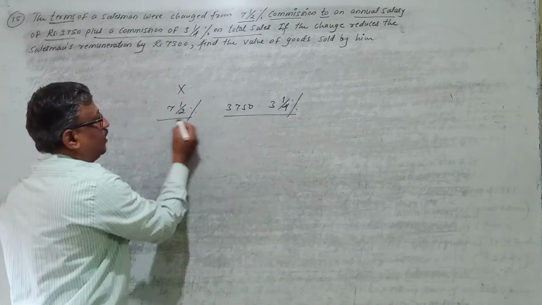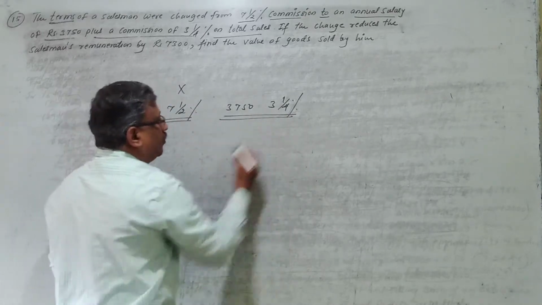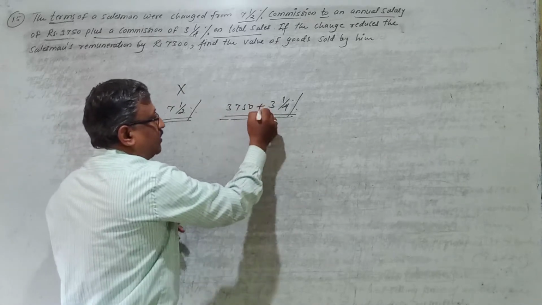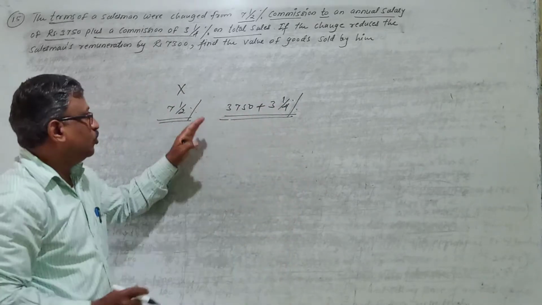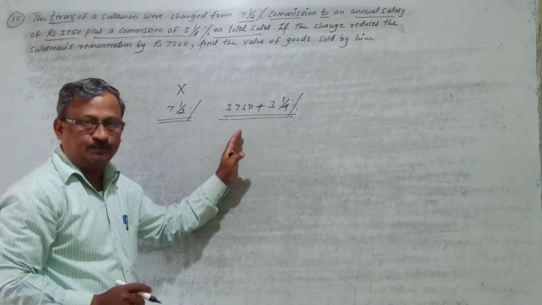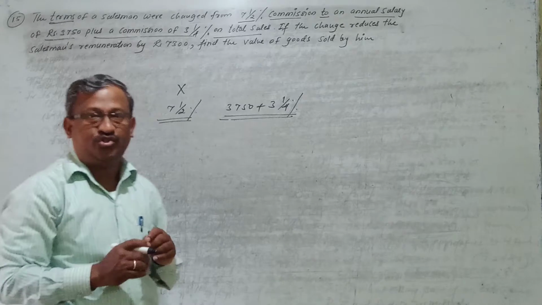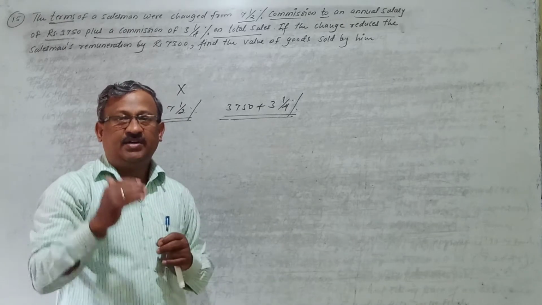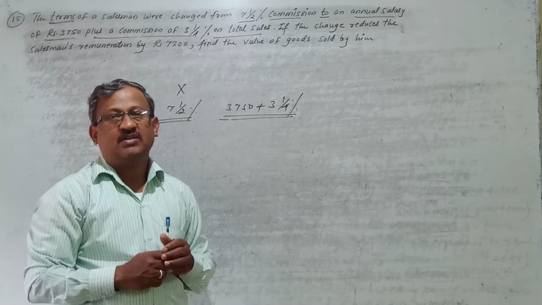Previously he used to get only commission and now this has been cancelled and now he is paid salary plus commission. Though he is getting salary plus commission, because of this change the salesman's remuneration, means his income, has decreased by rupees 7,300.